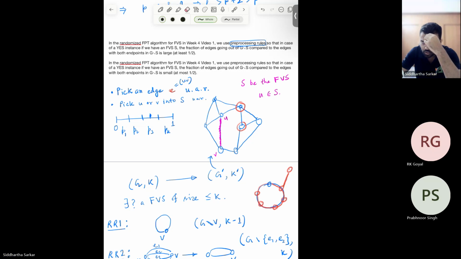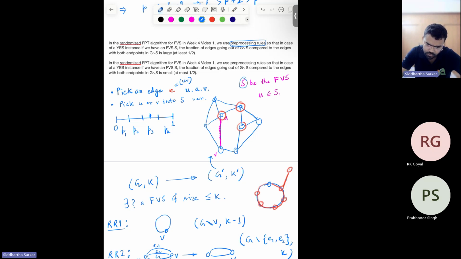No, this is necessary, because even after I pick this vertex, this triangle is still remaining, and this triangle is also remaining. So let's say that these red vertices together form S.